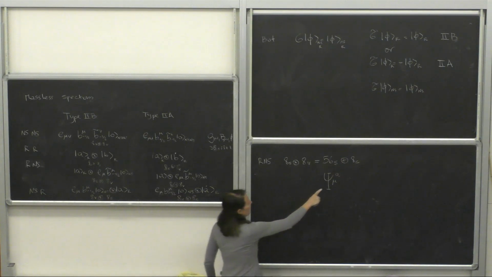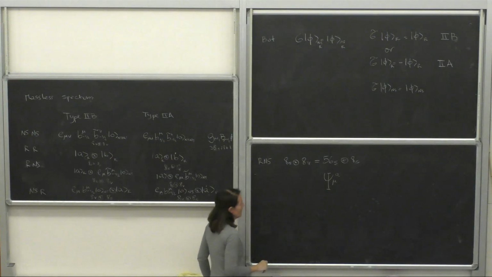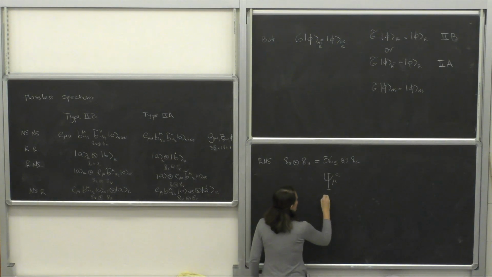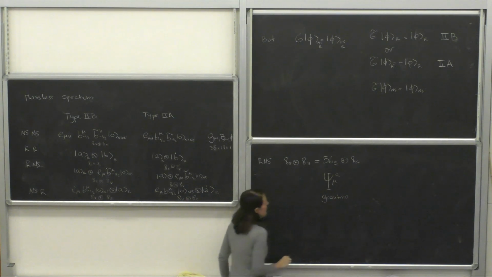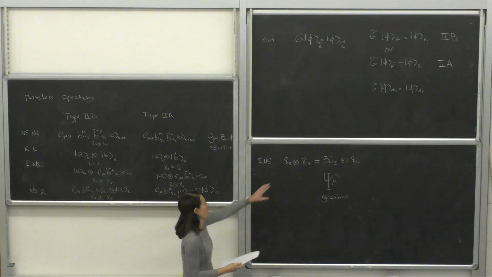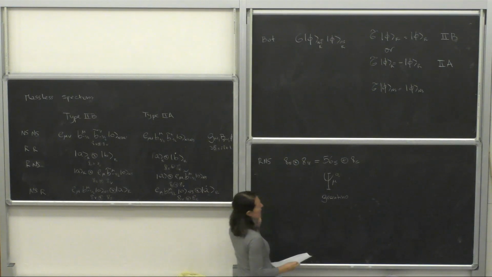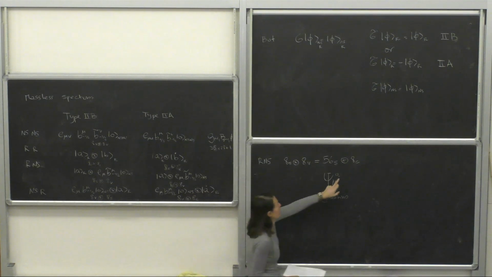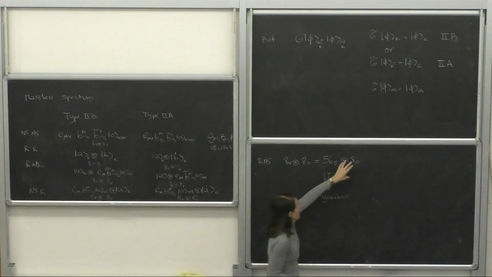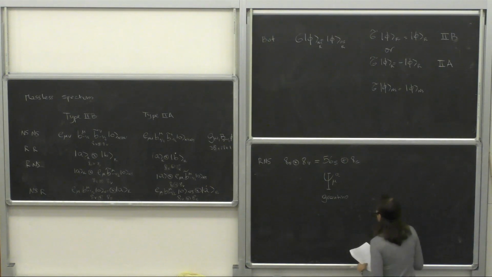It has a vector and a spinor index. And it's sort of traceless. If you put some gamma matrix, let me not write it. It's not 64 degrees of freedom because this is like the trace of that.